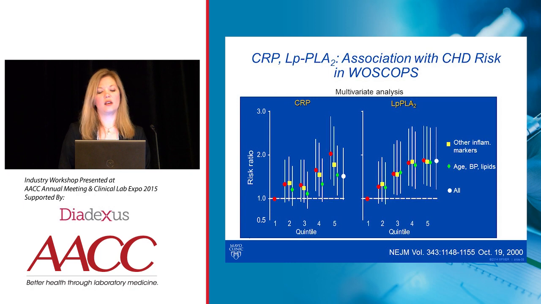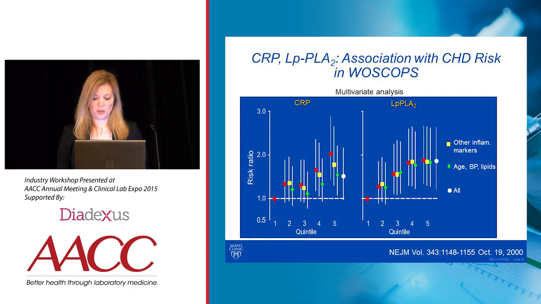If we compare the predictive ability of CRP and LP-PLA2 in this study, you can see in the red data with increasing quintiles of concentration, both analytes are predictive. What I find interesting, at least in this study, is that when you put it in multivariate analysis, looking at additional factors of risk, some of that predictive ability of CRP is mitigated in these models, whereas the risk prediction of LP-PLA2 stays pretty consistent.